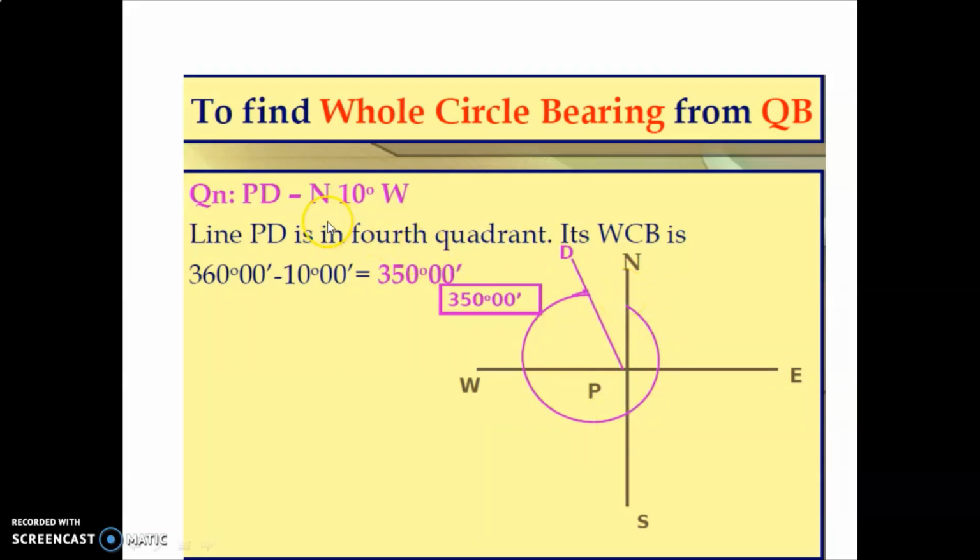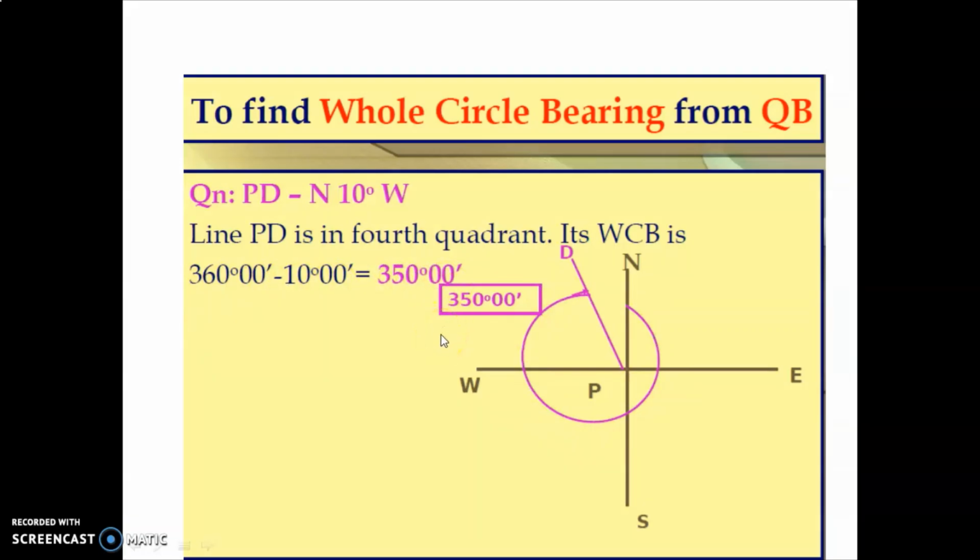And this north 10 degree west is given from here to here. You can see from here to here with my cursor, this is your north 10 degree west. So from 360, if you deduct this value, north 10 degree west, what will be the answer? 350 from here to here. So 360 minus 10 degree, your answer is 350 degree.